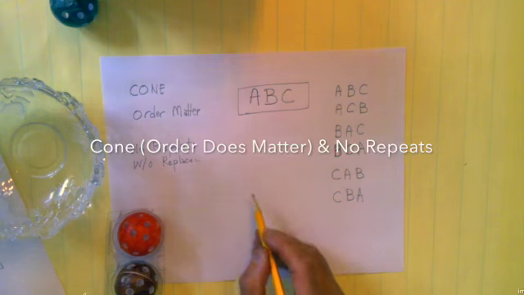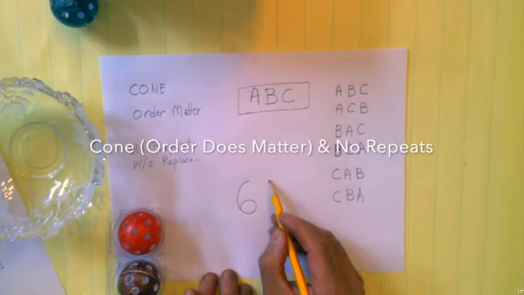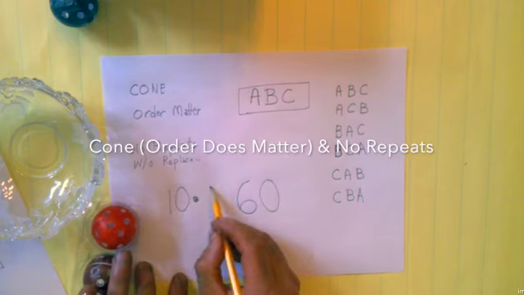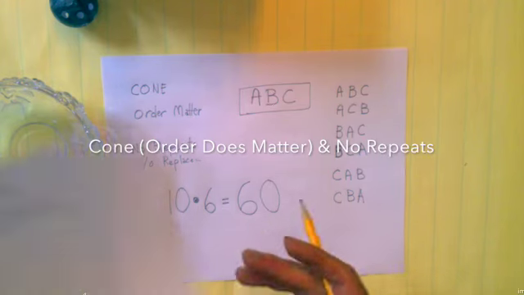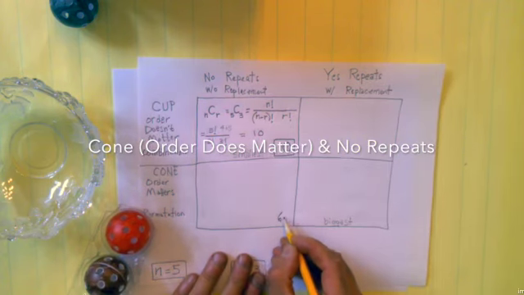So it makes sense that the number of permutations will be 10 times 6, which is equal to 60. And again, common sense tells us that this number is going to be equal to 60.